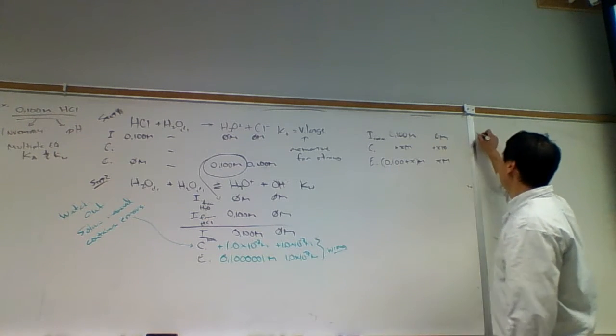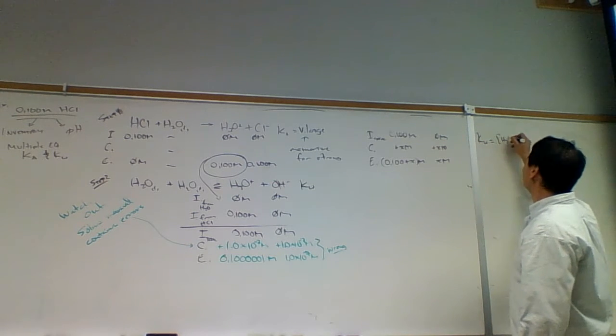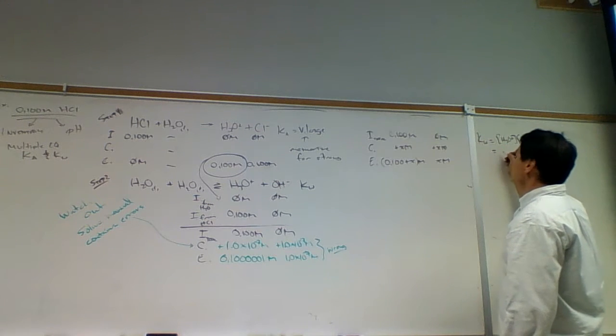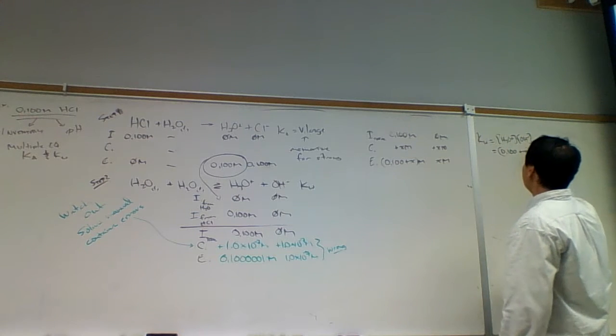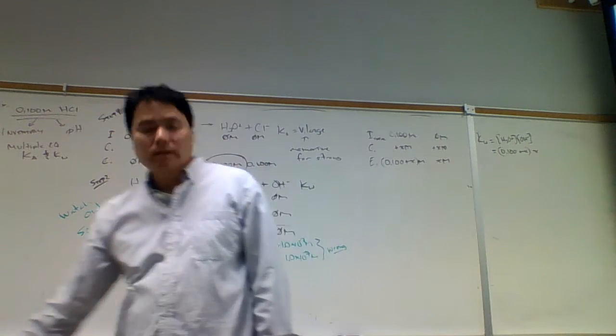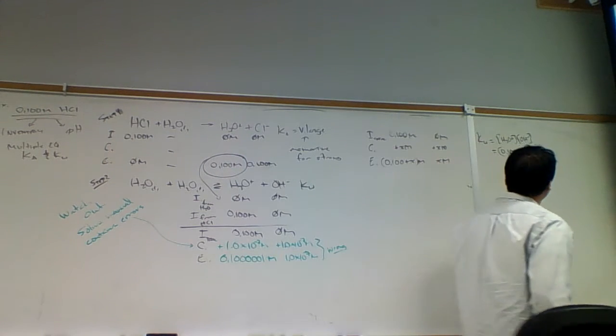Now I'm going to solve that for X. The Kw is equal to the hydronium ion concentration times the hydroxide ion concentration. And so this is going to be 0.100 plus X times X, which has got to equal 1.0 times 10 to the negative 14.